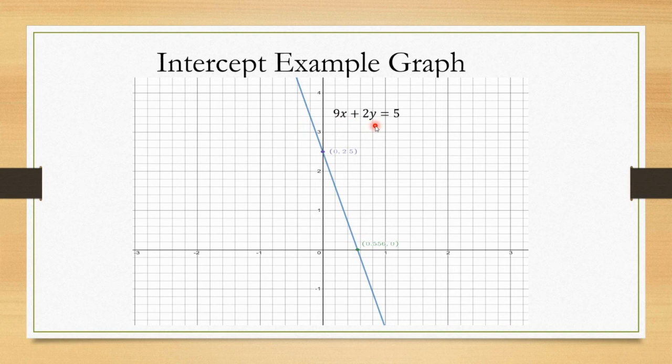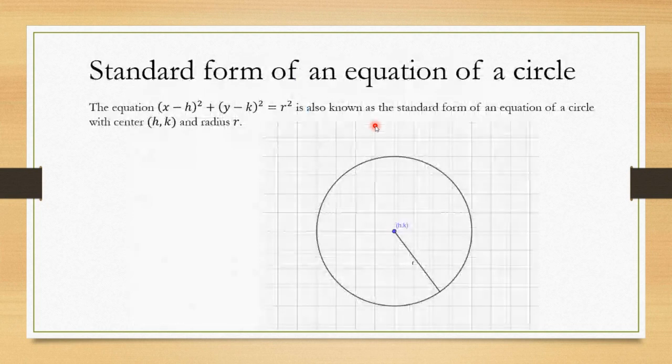Another graph we saw was the circle. Remember, as I said before, in the plane, if you have a point (h, k), the circle is all points that are equidistant from the center, all points that have the same distance from the center.